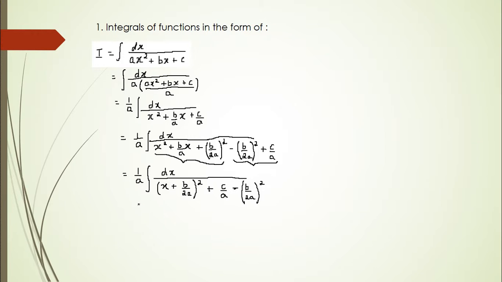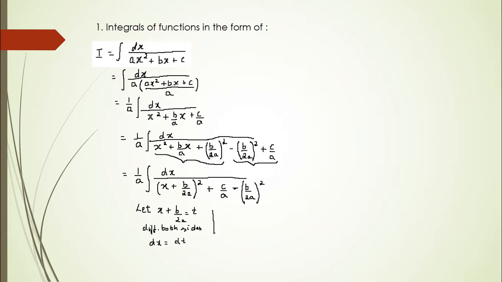So I'll get, let x plus b by 2a is equal to t. Now I differentiate both sides. Differentiating both sides, so I'll get dx is equal to dt.